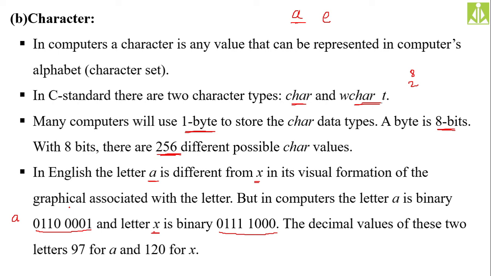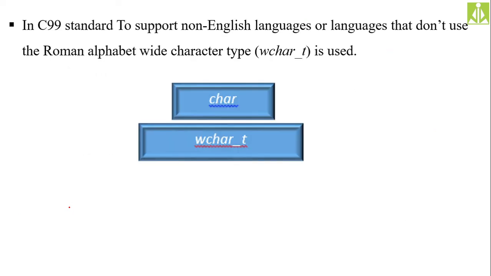So in C99, this wide character set supports additional characters, not only the symbols you have on the keyboard, but also symbols in this world which are not on the keyboard. Let us say Arabic letters. We have different symbols in the Arabic alphabet.